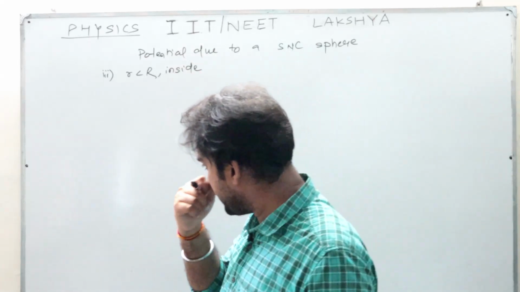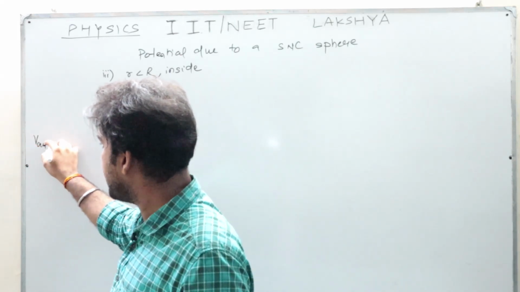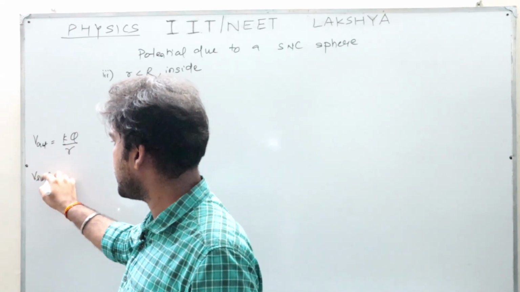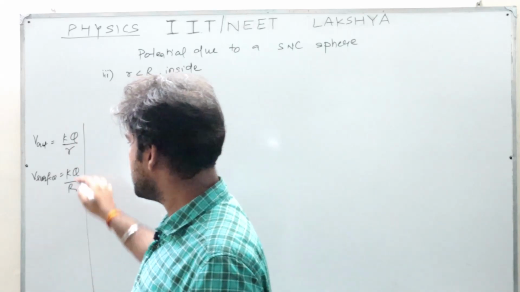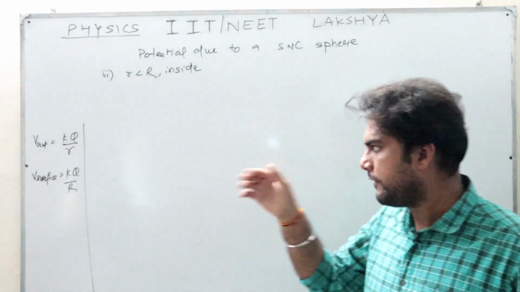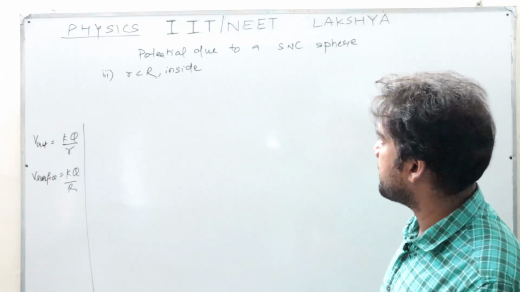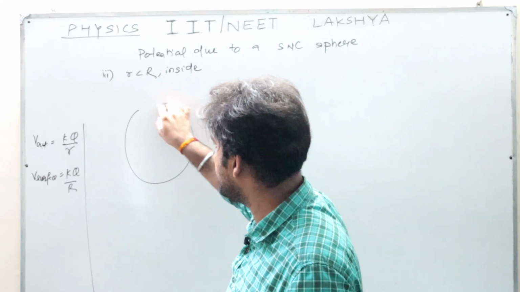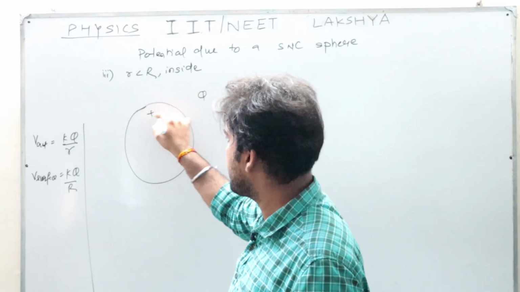Outside the sphere I have already shown you: V outside is kq by small r, and V on the surface of the sphere is kq by capital R. This result we have already derived and you must know both of them. So let us see what happens inside the sphere. This is a sphere and we are giving a positive charge q to it.